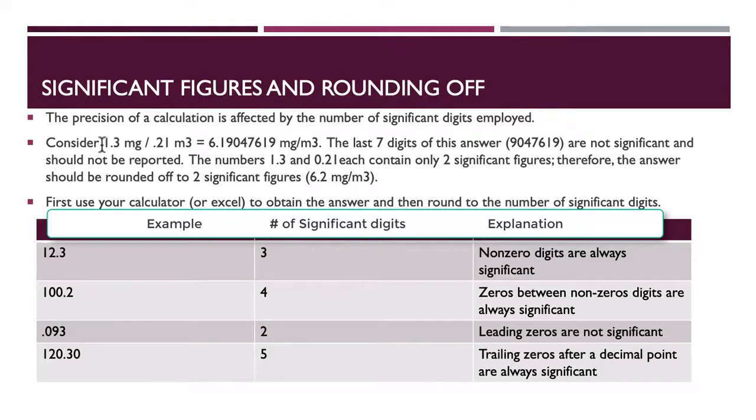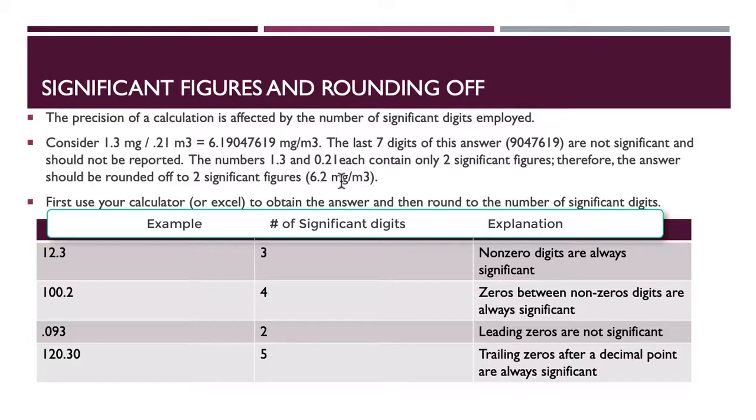Because we had 2 significant digits for the milligrams and 2 significant digits for the meters cubed, we really only have 2 significant digits in our answer. So that would be 6.19, and the 9 allows us to round the 1 up to 2. So our answer would be 6.2.